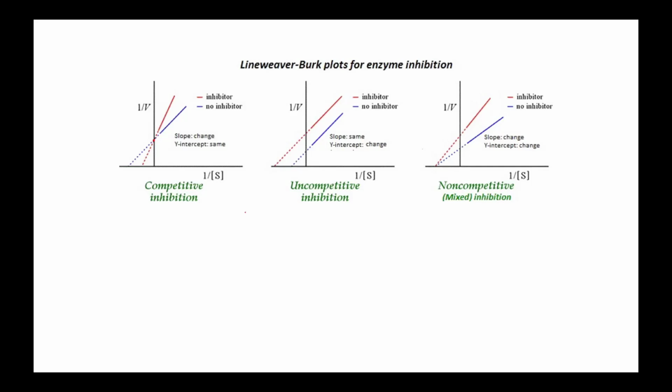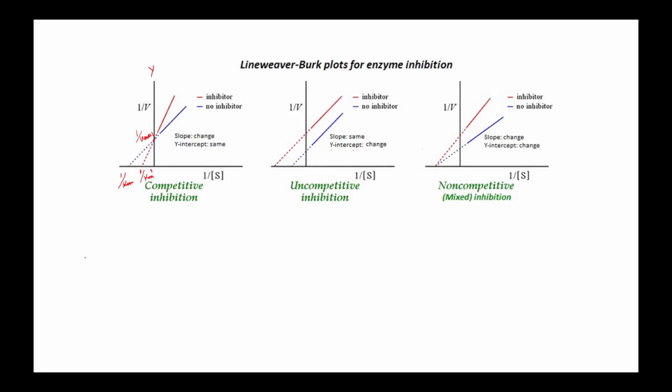In the Lineweaver-Burk plot, the y-axis intercept is 1 by Vmax, and the x-axis intercept is 1 by Km. This is 1 by Km in the presence of inhibitor.